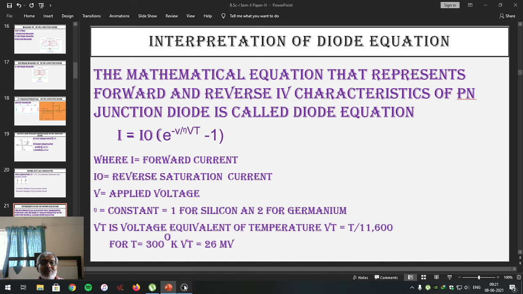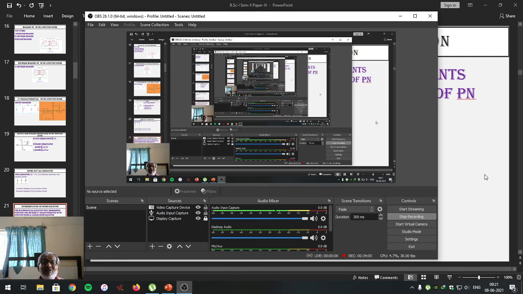Dear students, that's all about the PN junction diode which we require to study. We studied the structure of the PN junction diode, the biasing of the PN junction diode, the IV characteristics, the static and dynamic resistance, and how a diode acts as a capacitor.